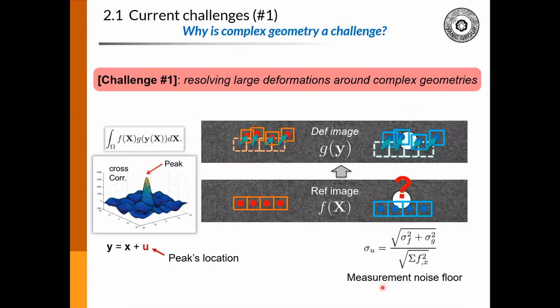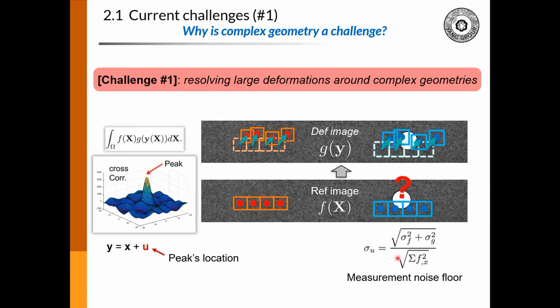Yeah. So you can quantitatively measure the noise floor before you do the DIC, because it depends on your experimental noise, the sigma, that's the noise for the experiments. It also depends on the square root of the summation of the image grayscale value gradients. So if you already have some reference image, you can compute those image grayscale value gradients and their sum.